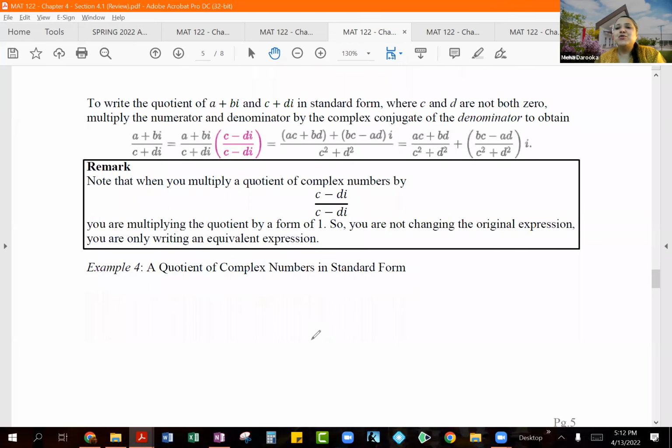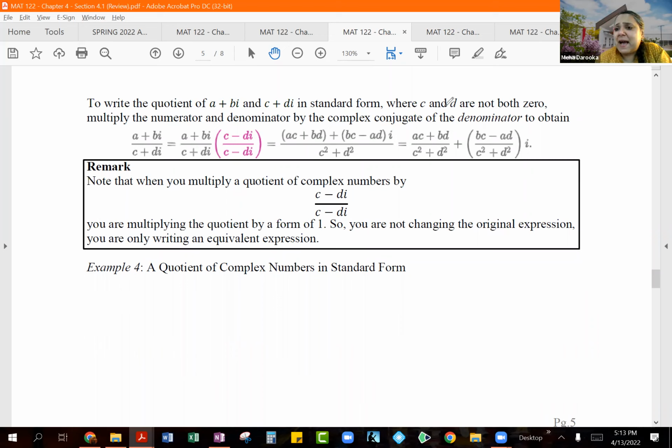Now we're getting into what we would call division between complex numbers, but it's a little bit different than your typical division problem, right? In this case, we're talking about how we divide a plus bi by c plus di, or take the quotient of those two complex numbers.